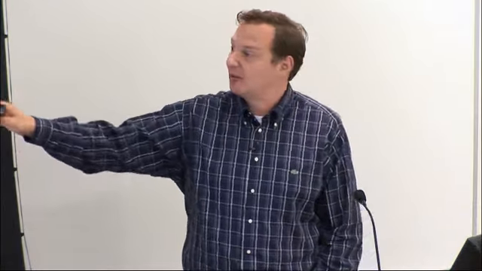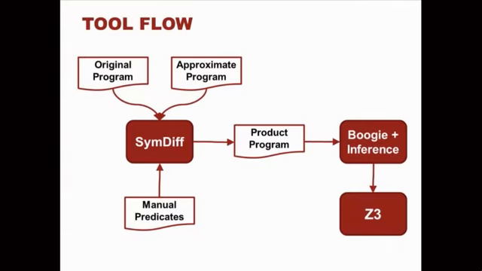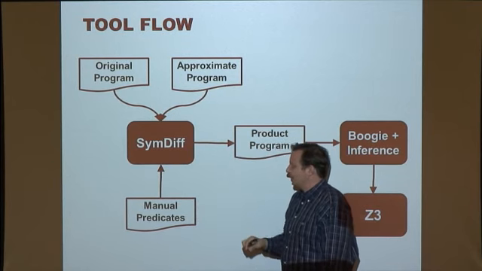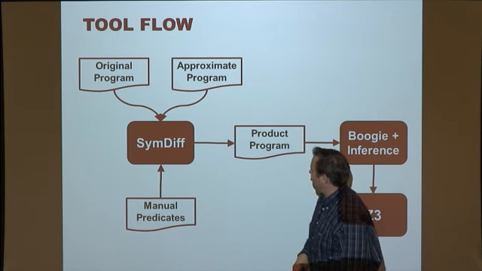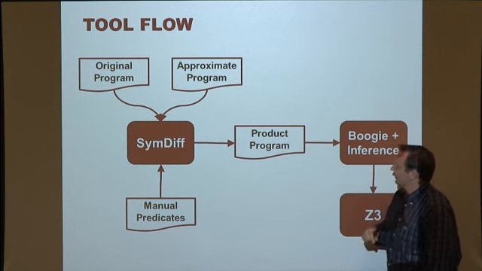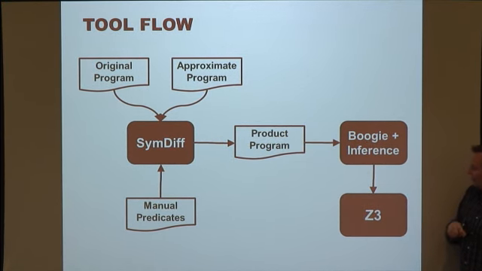That was needed for some of our examples that were a little bit more complicated than what SymDiff has seen before. OK. So this is the tool flow. There is an original program and an approximate program. It's fed into SymDiff. Potentially, we need a few manual predicate templates. From that, the product program is generated, and then Boogie and Houdini are run on it, and hopefully it can be discharged using that.